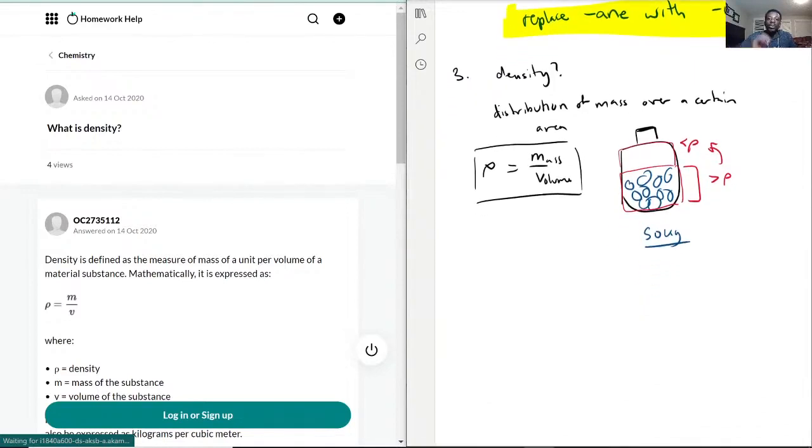A better example of density would be if you had two things that weighed the same. Let's say this was 50 kilograms, but this thing also weighed 50 kilograms. Aluminum foil is actually a perfect example.